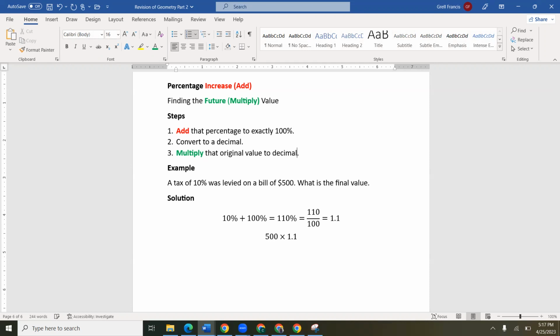And you're going to see why I restructured it. So please do that there. The first step, change it to multiply that original value to the decimal.